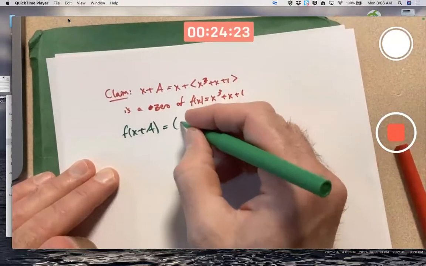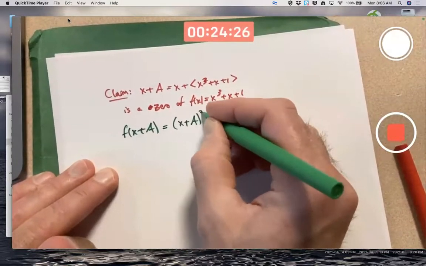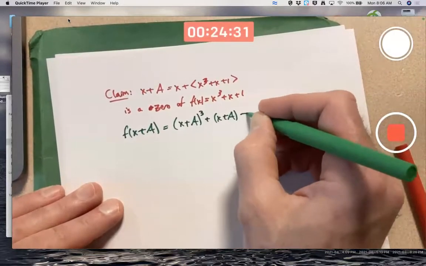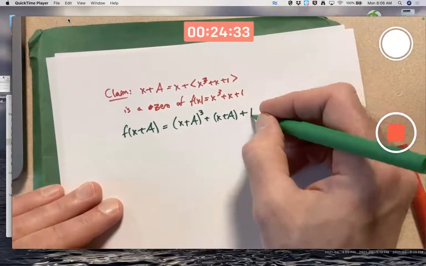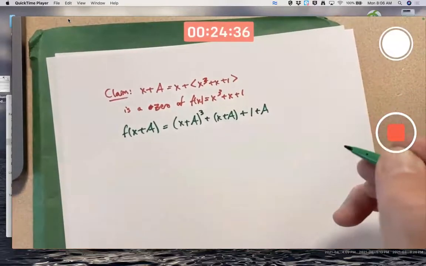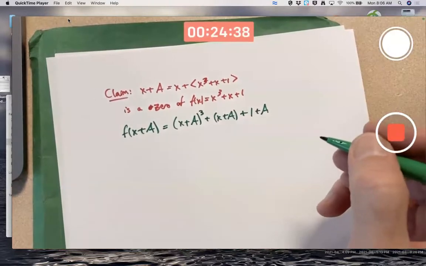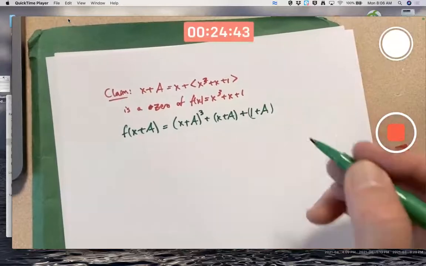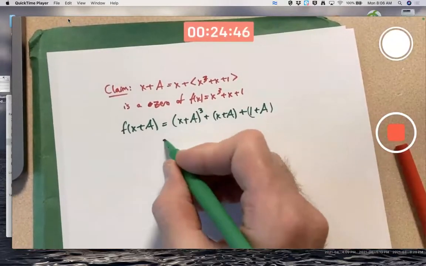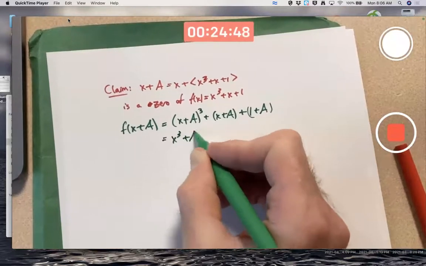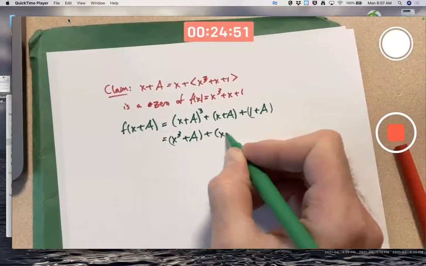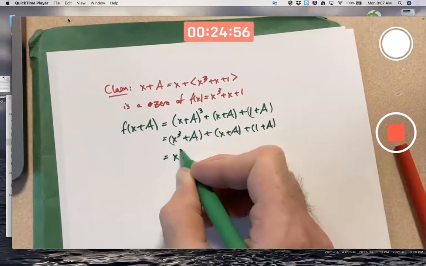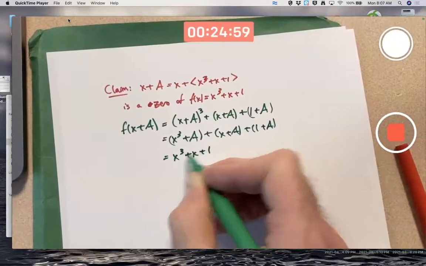So I've got to compute x plus a quantity cubed plus x plus a plus 1, or really this 1 should be thought of as 1 plus a, because that is the unity in the field. This is the same as x cubed plus a. And then when you add cosets, you add their representatives, you get x cubed plus x plus 1 plus a.